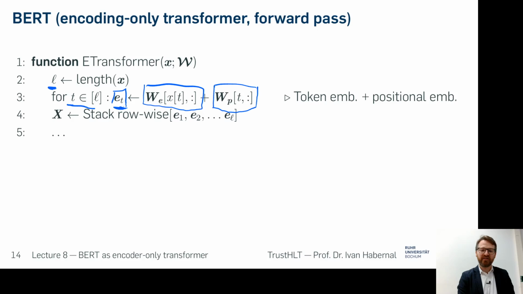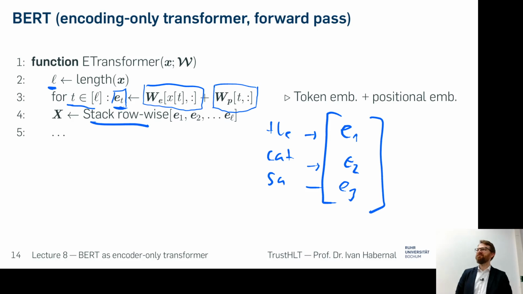So if we have these vectors, for the cat sat, each of them has a vector E1, E2, and E3. Stacking row-wise means we just create a matrix out of it. This is a vector, this is a vector, and this is a vector, and we just turn it into a matrix, but it's just a bunch of vectors in a way. Okay, any questions? So far so good.